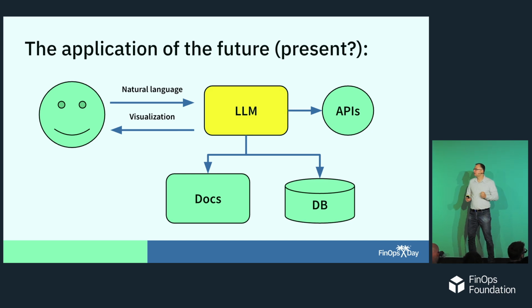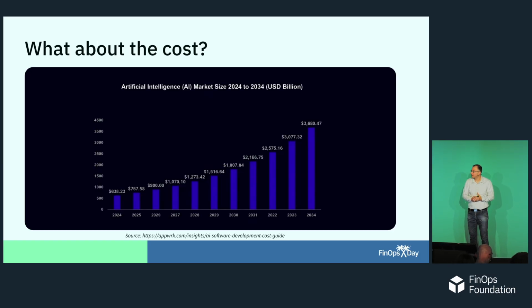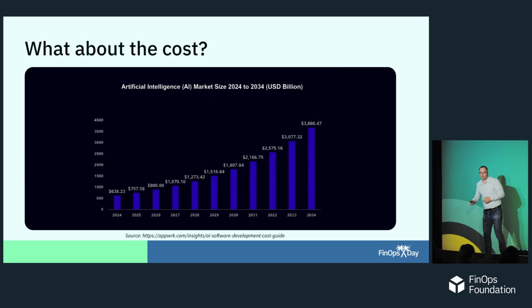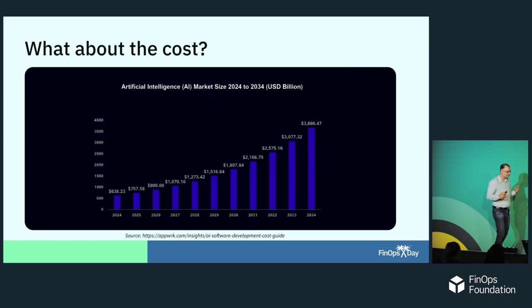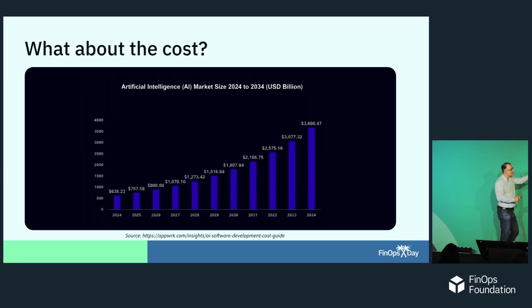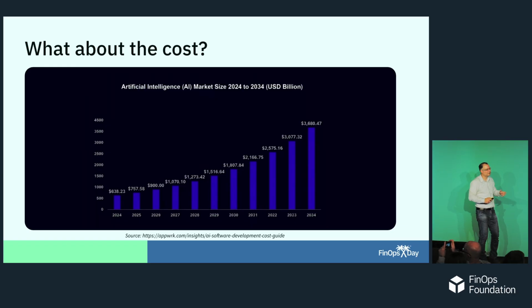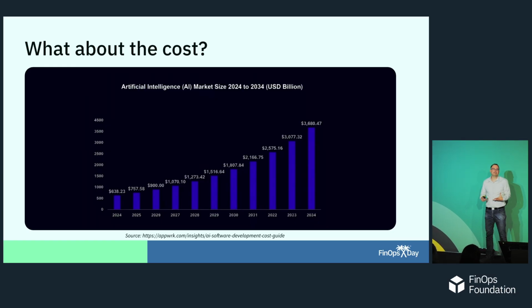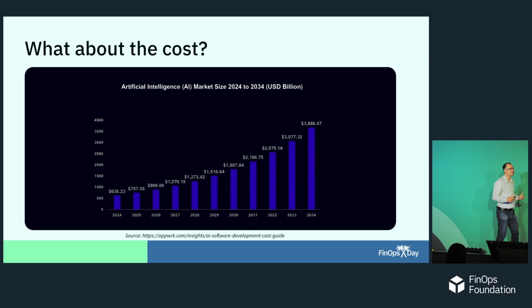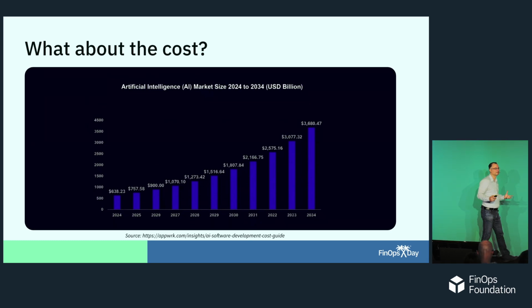But what does that mean for you if you're interested in FinOps, right? It means that the cost of LLMs is going to skyrocket. I grabbed this chart from somewhere on the web, but I think the costs are going to be much higher. One reason is that currently the large AI companies like OpenAI and Anthropic are losing a lot of money, billions.